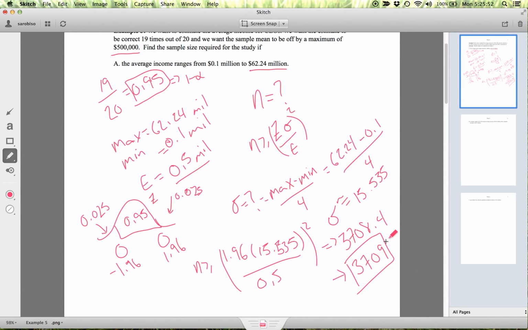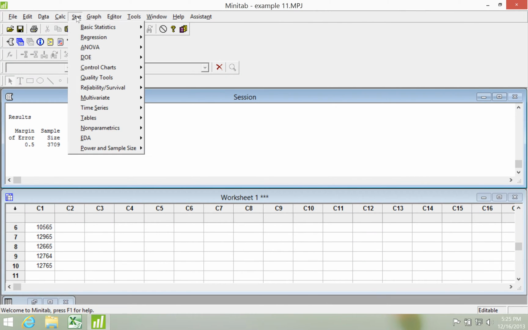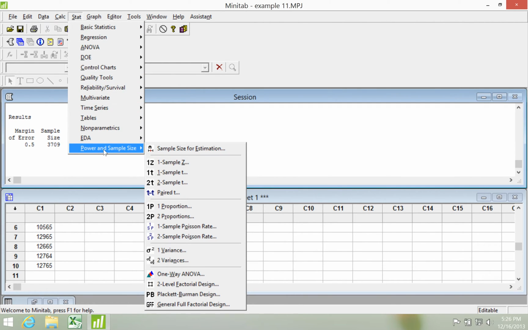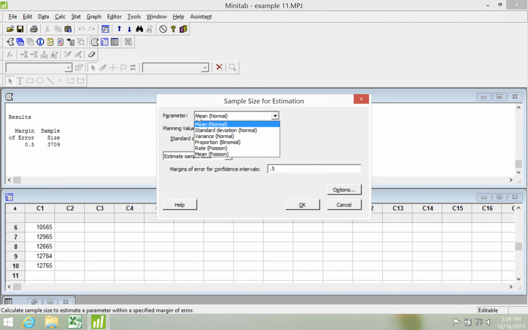You can actually do this with Minitab as well. Let me show you how to do that. You go to your Stat option, Power and Sample Size for an estimate. We are estimating from a mean. Our standard deviation that we're using in this case was 15.535. We're trying to estimate the sample size, and the margin of error that we had was $0.5 million or 500,000.